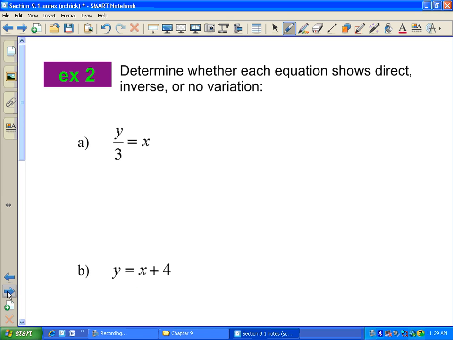So if I look at this, I want to make this y equals. So I'm going to multiply both sides by 3, and I get y equals 3x. Well, that has to be direct variation, because that matches y equals k times x. In this one, k, the constant of proportionality, is 3.